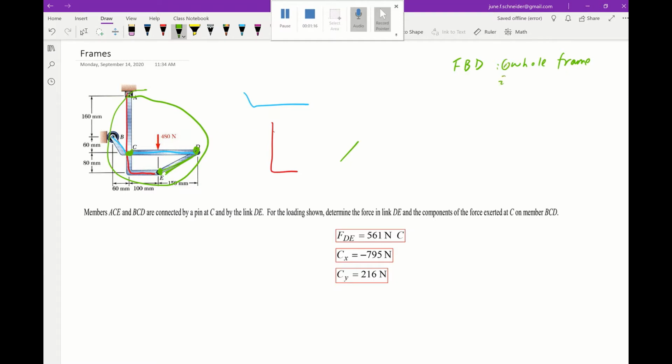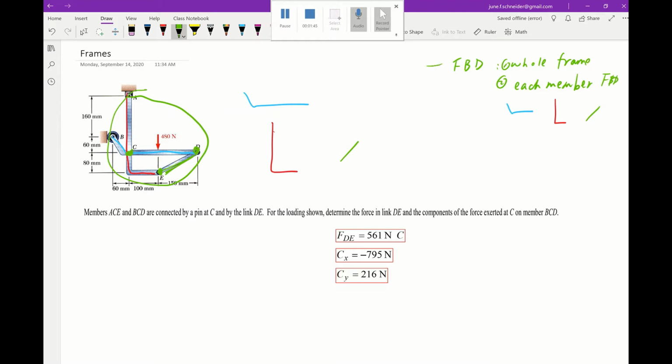Or it's going to be your individual, each component FBD, each member FBD. For this particular one, we'll potentially have three of them. We will have BCD, and we also will have ACE, and we also have DE. So that's the first thing I want you to look at. You've got options for FBD.